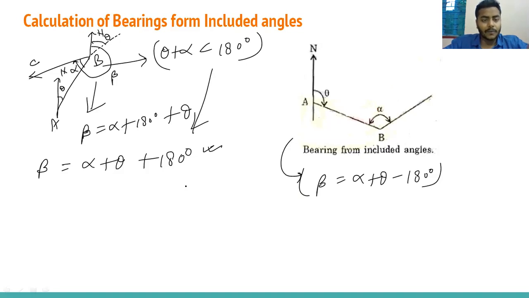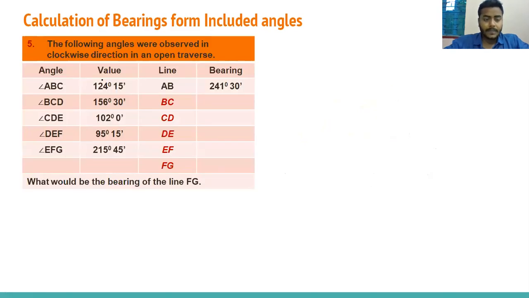If it is greater than 180 degree, then we will deduct 180 degree. If it is less than 180 degree, then we will add 180 degree. And you can understand why it is happening. It depends on which quadrant the two lines are lying in, because beta we take only in the clockwise direction from the north, right?